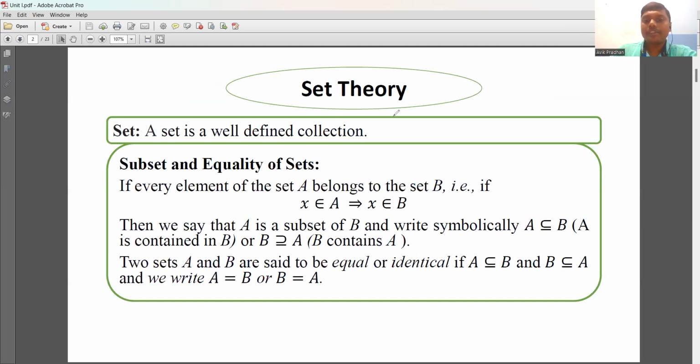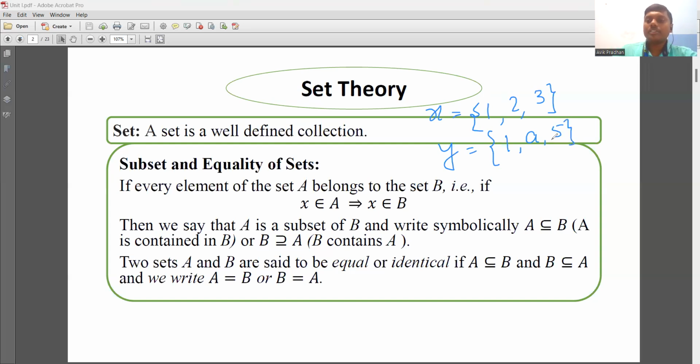Suppose I'm taking a group or collection X equal to 1, 2, 3, and I'm taking another group or collection like 1, A, 5.